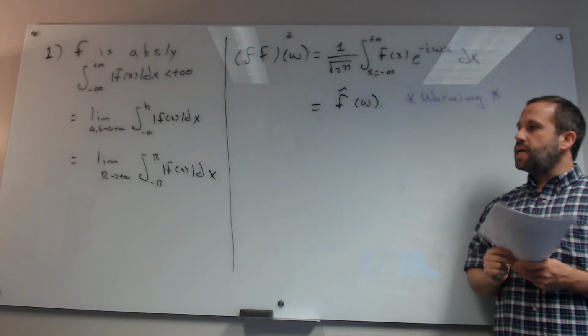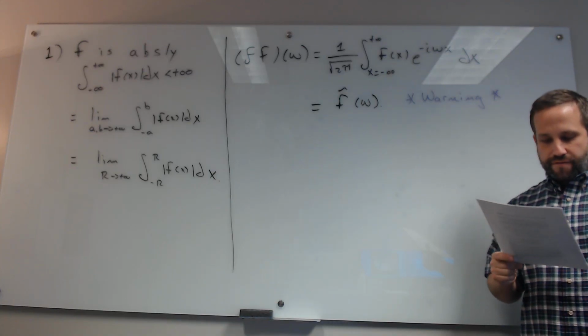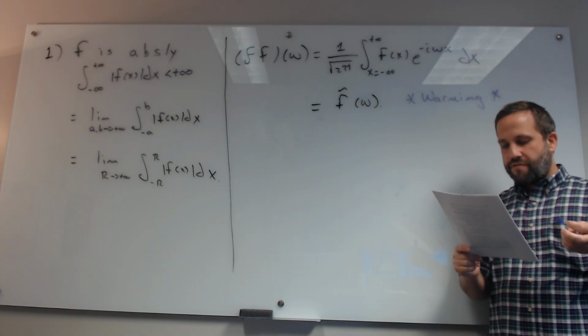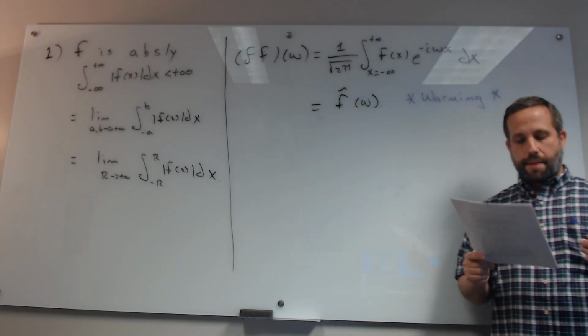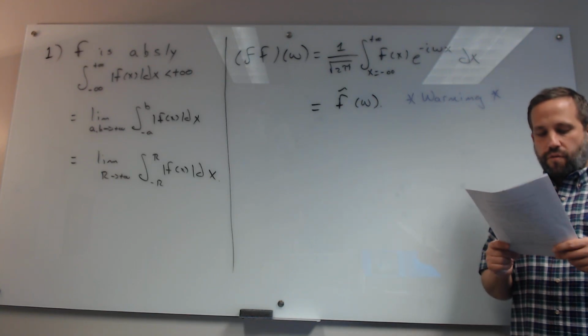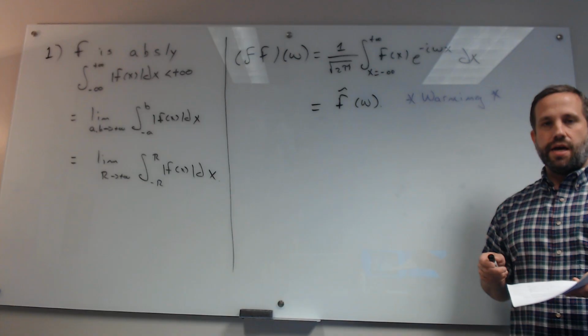Now, one way to think about this: if we think about the function f of x as being an audio signal, so here we think about x as being time, then f hat of omega is the amplitude of the portion of the signal at frequency omega.